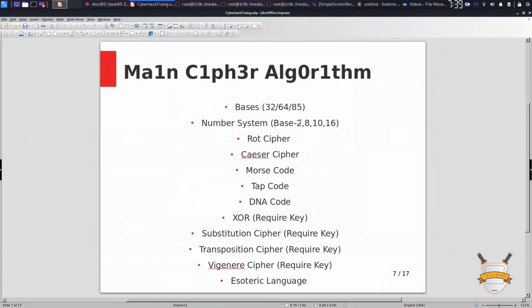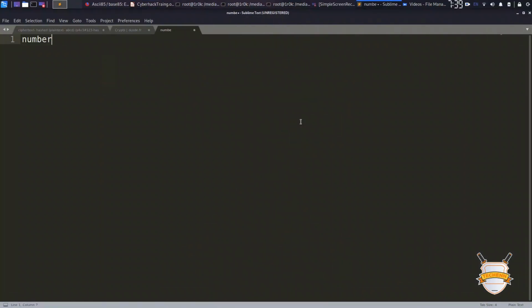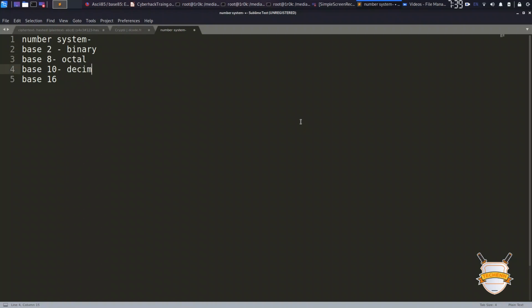Next one is our number system: base 2, base 8, base 10 and base 16. Base 2 is binary, base 8 is octal, base 10 is decimal, and base 16 is hex.